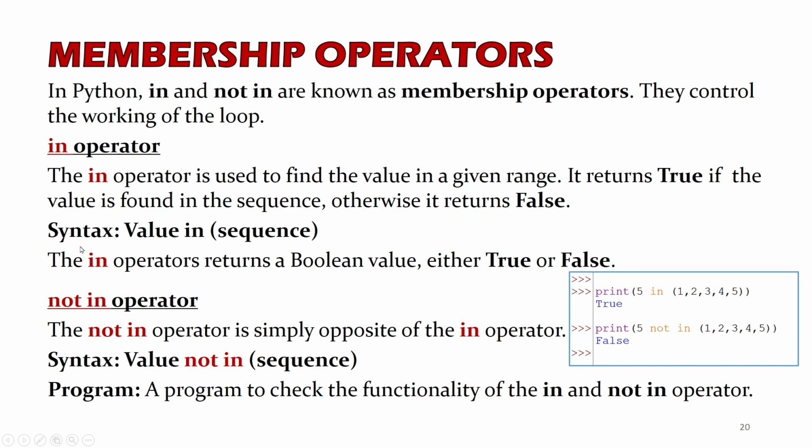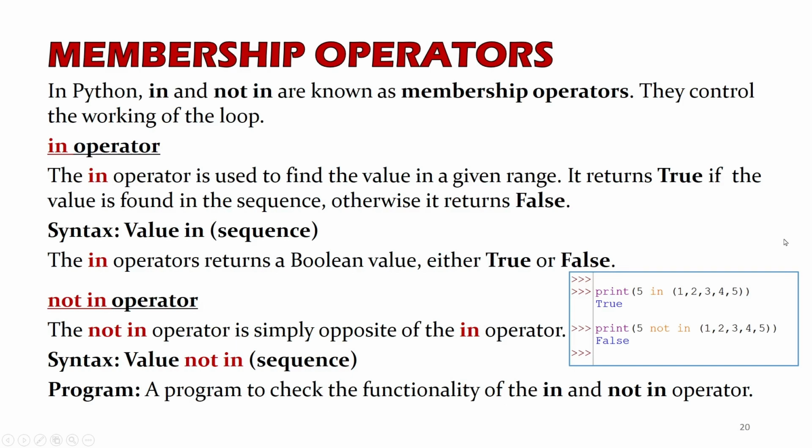What will be the syntax? Value in sequence. The in operator returns a boolean value, that is true or false. And the not in operator is just the opposite of the in operator, and its syntax will be value not in sequence.